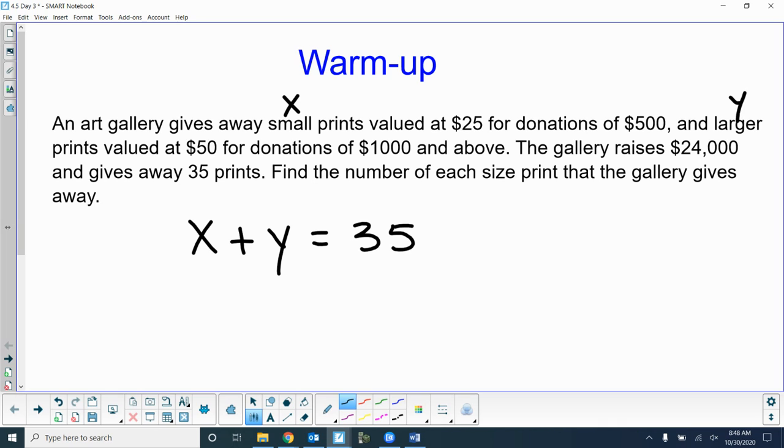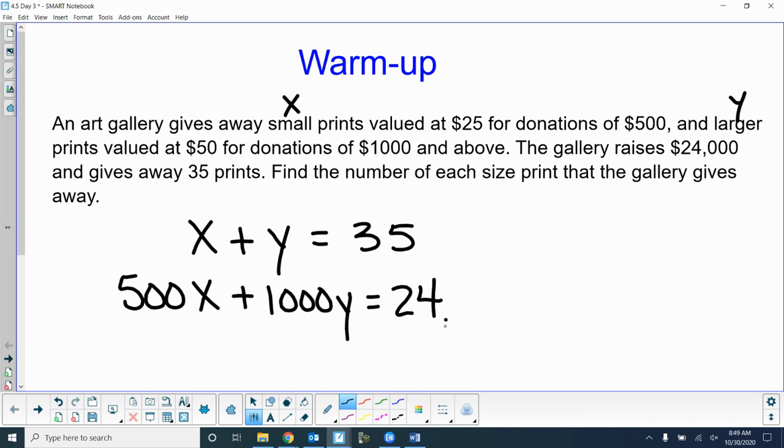Okay? So they're given 500 for it. People with lots of money. So the 500 times the number of small prints plus the 1,000 times the number of large prints equals how much they raised for the art gallery.